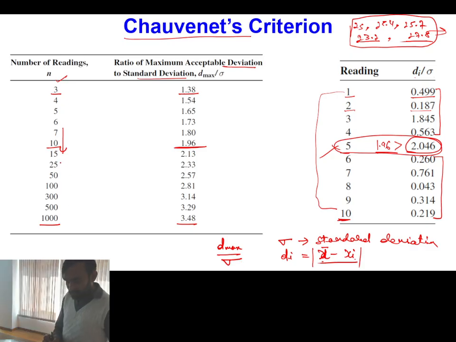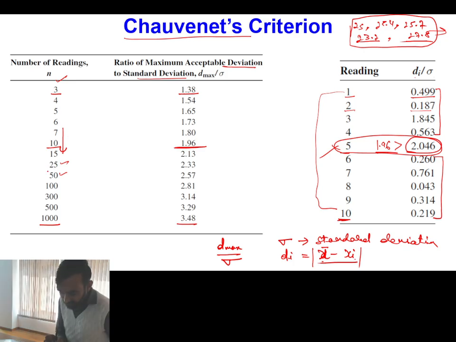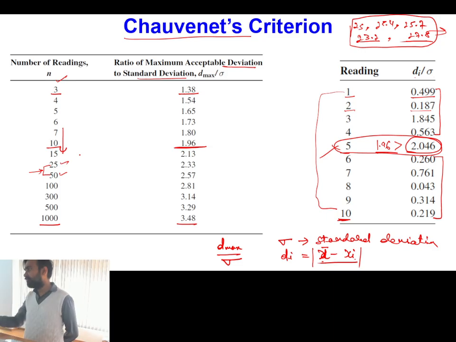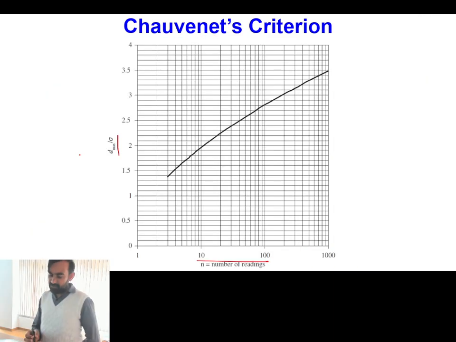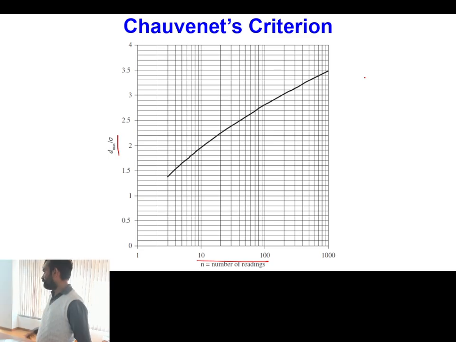You have only a finite number of discrete readings available in the table, but whenever you do actual measurements, you may have a number of readings in between as well. So for these conditions you can refer to the graph, which is a continuous curve based on the number of readings. Okay.